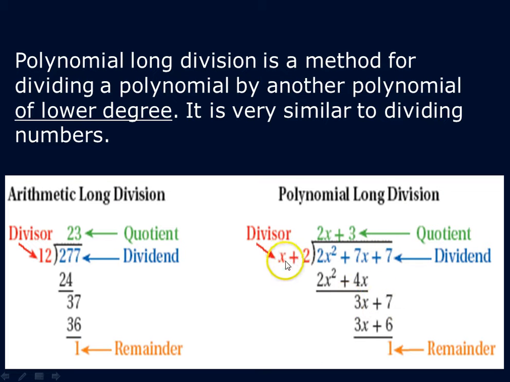How many times does x go into 3x? It goes in 3 times. So 3 times x plus 2 gives me 3x plus 6. 3x minus 3x is 0. 7 minus 6 is 1. There's nothing left to bring down. x plus 2 won't go into 1, so 1 is our remainder.